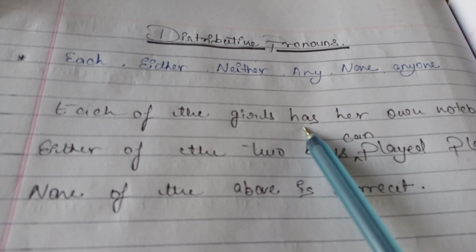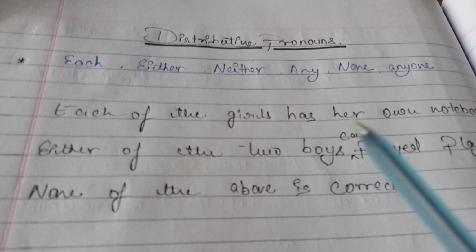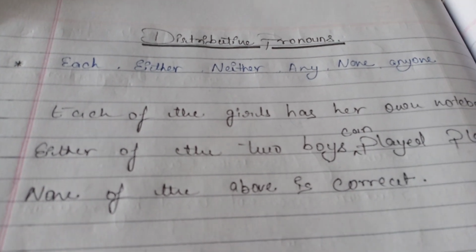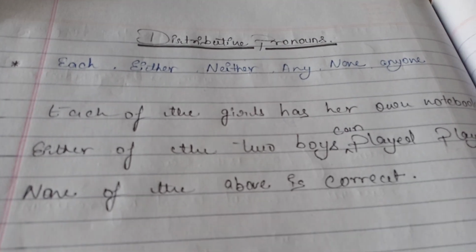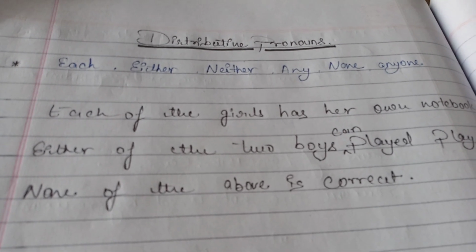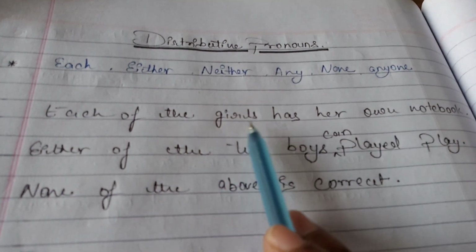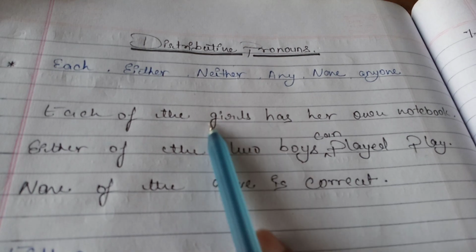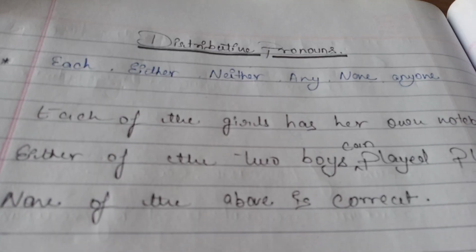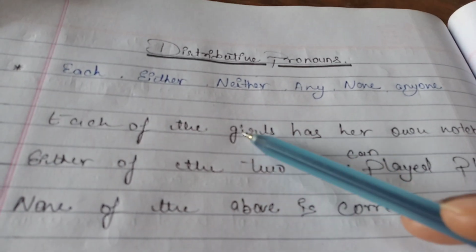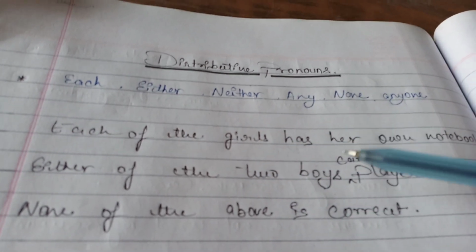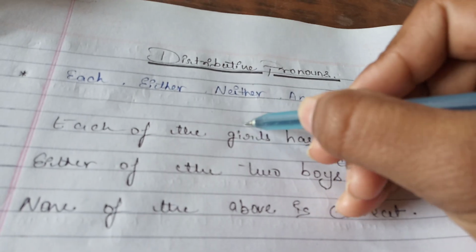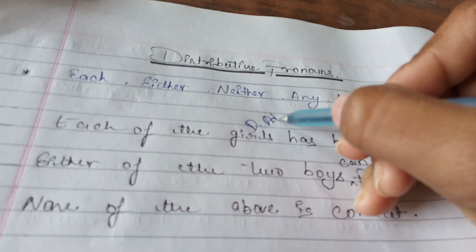Why are we using it? Because when we use a distributive pronoun in the sentence, that distributive pronoun is used with a singular verb. If the noun were singular, this would be converted into a distributive adjective.